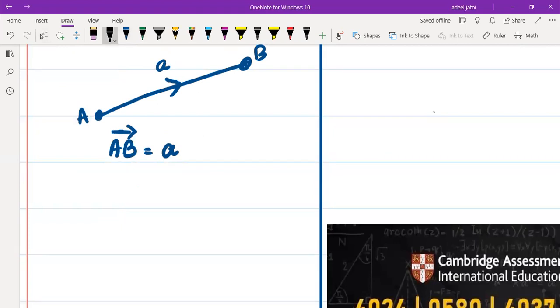Now, this statement that I'm going to write is the most important statement when we talk about vectors.